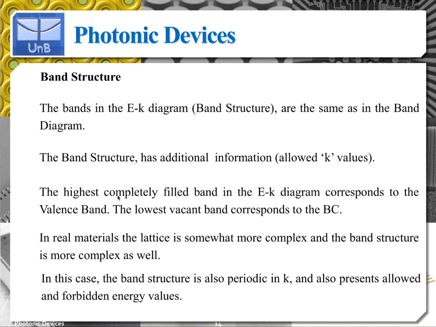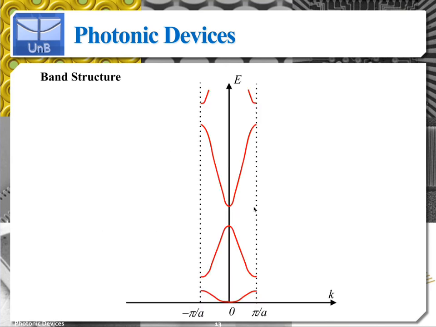Also, the highest completely filled band in the band structure is still the valence band, and the lowest vacant band is also associated with the conduction band right here. So if we go back to the band structure, looking at the reduced zone picture, let's say that this band was the lowest one that was completely empty, so this would correspond to the conduction band, and you could, right beside this diagram, draw the band diagram right here, and this would be the conduction band.